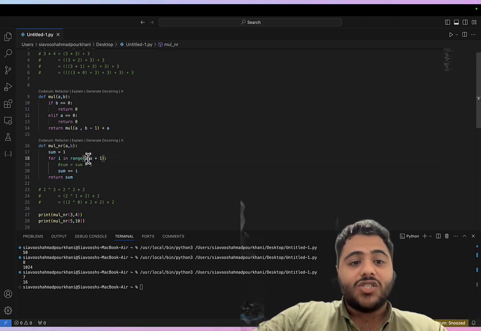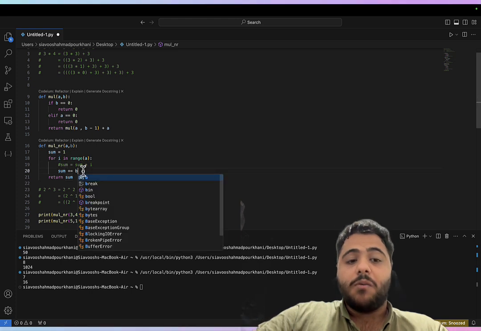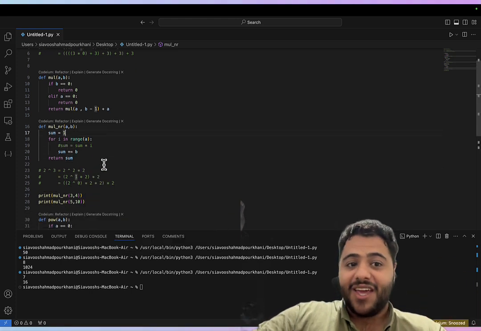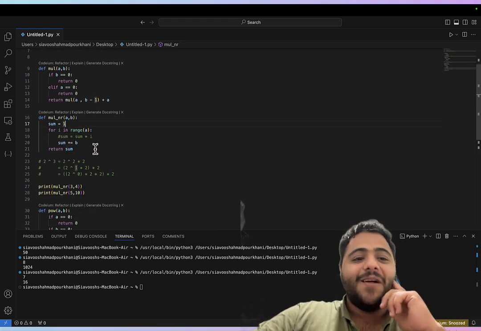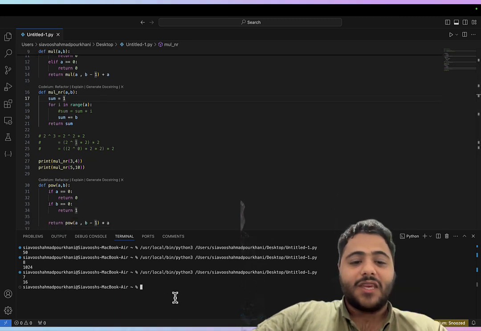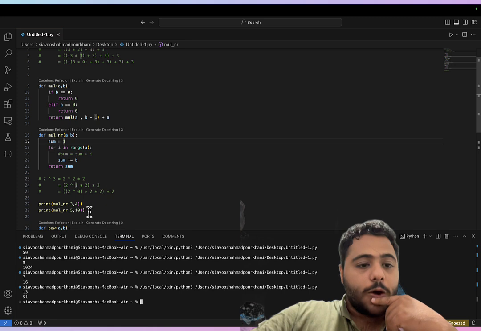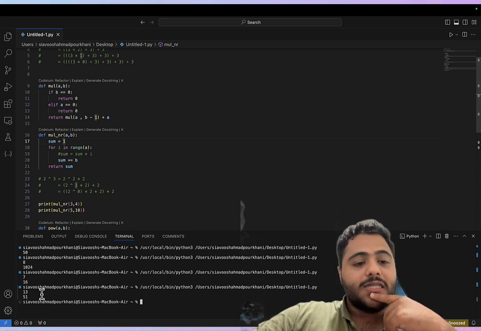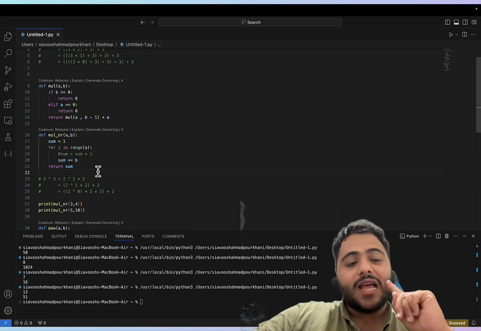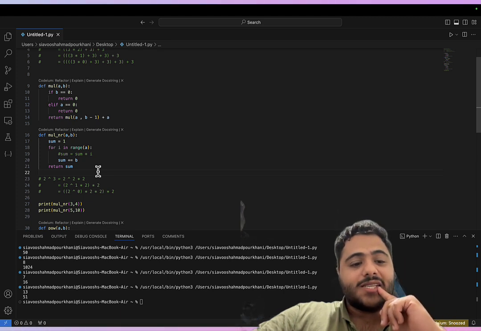So in range of a, just multiply sum by b, not the i. That was my mistake. Let's replace. Yeah. So 3 times 4, it's 13, and it just shows 1 unit up. It must be 12 and 50, not the 13 and 51.